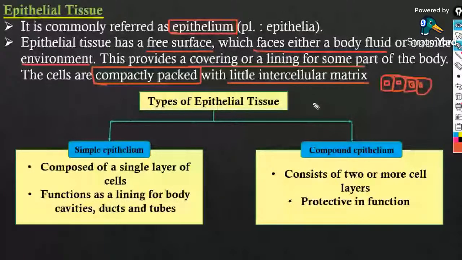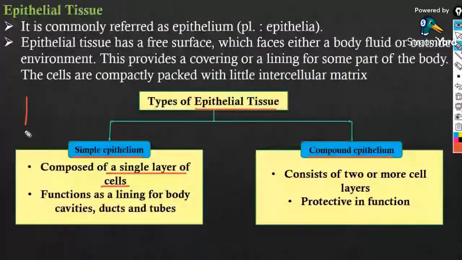Epithelial tissue can be mainly classified into simple epithelium and compound epithelium. Simple epithelium is composed of a single layer of cells, whereas compound epithelium consists of two or more cell layers.